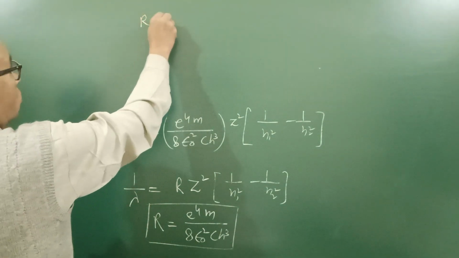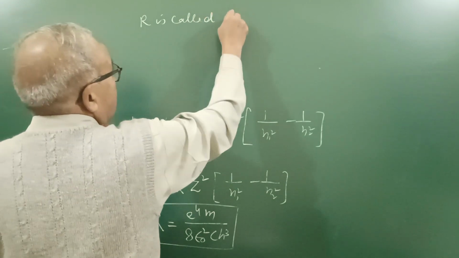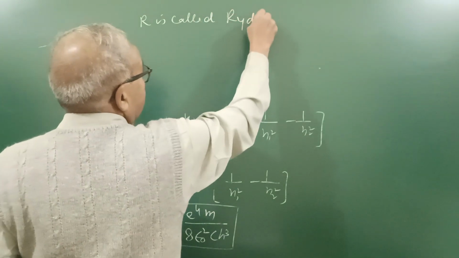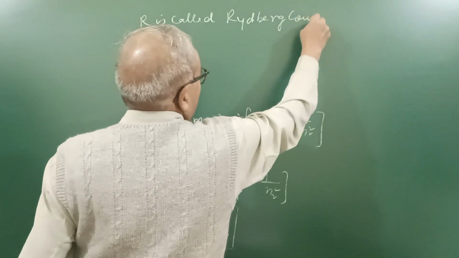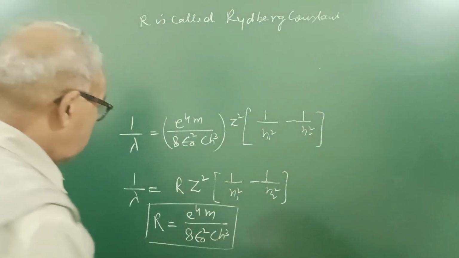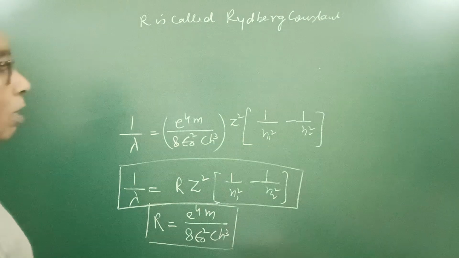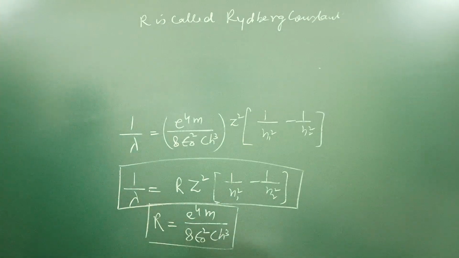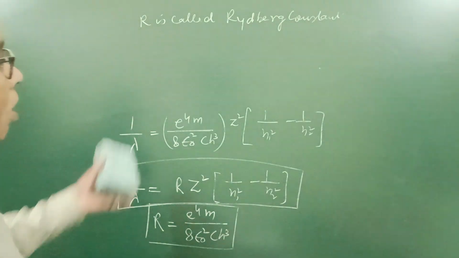This R is called the Rydberg constant. This expression is similar to R in Rydberg.